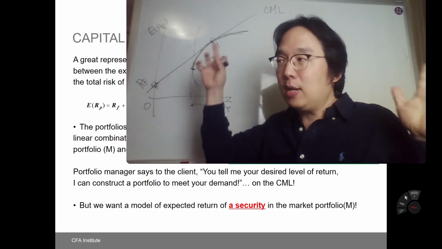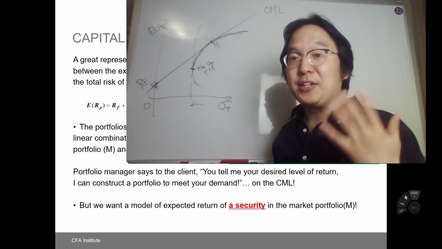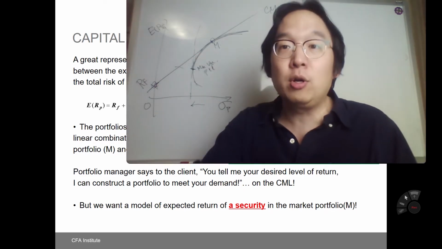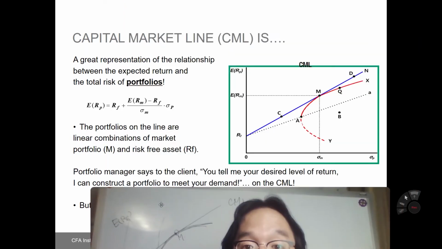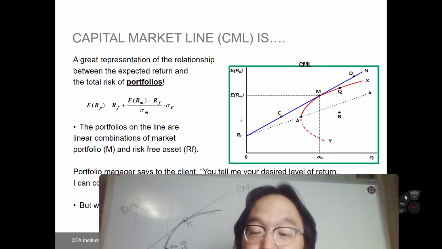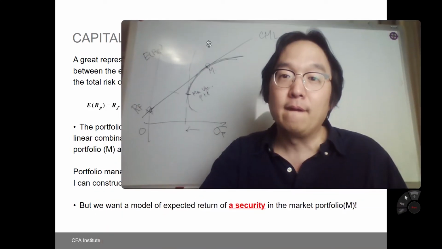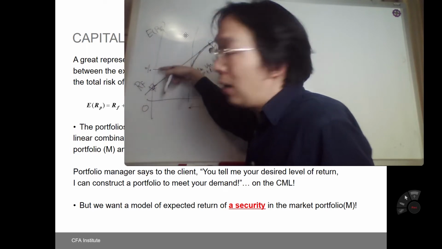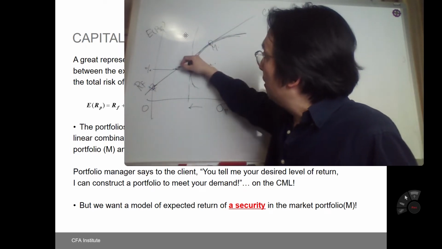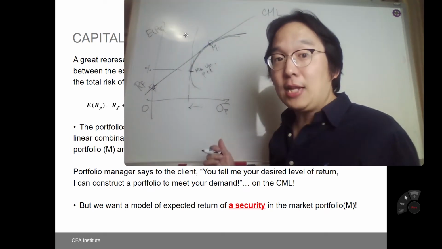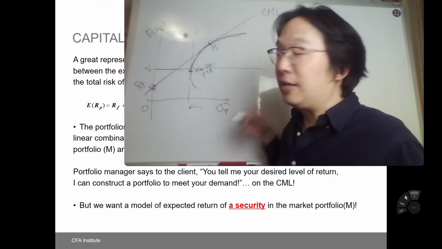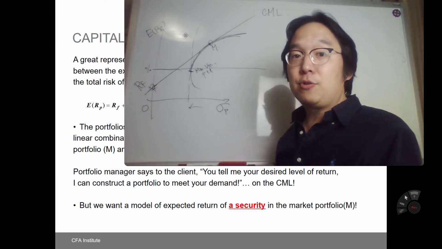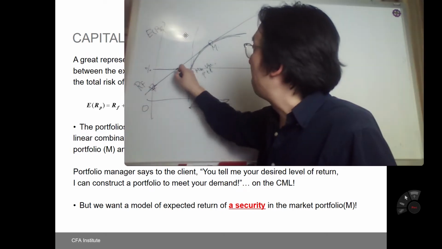How? Well, let's say your desired expected return level is something over here in our diagram, something at C, for example. Oh, I want this level of return. I don't know how much. But the manager would say, well, if that is the level that you desire as a return, the portfolio that I can construct should be this one.